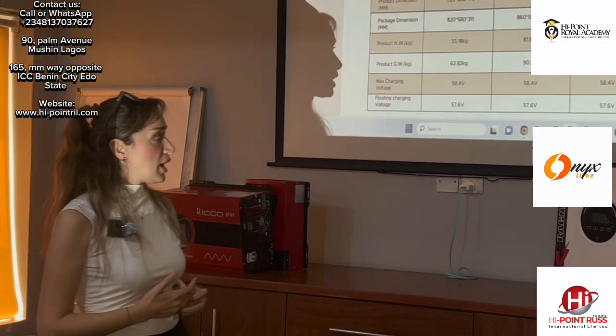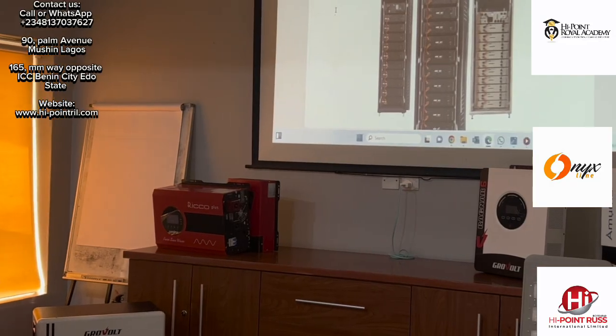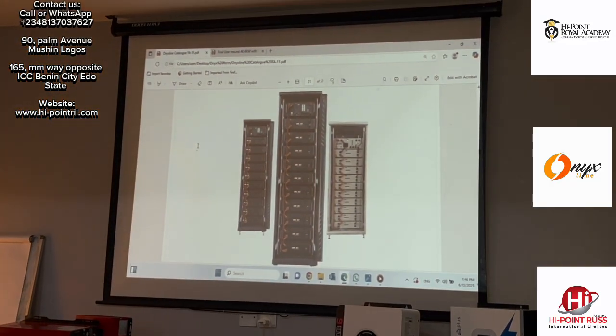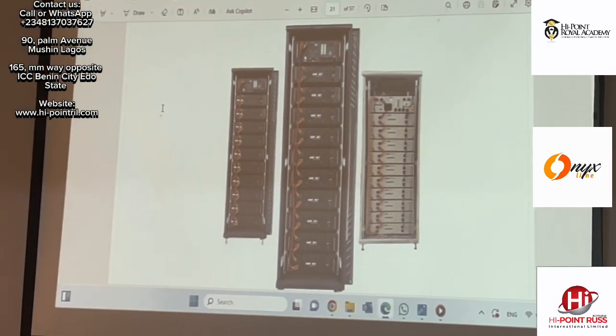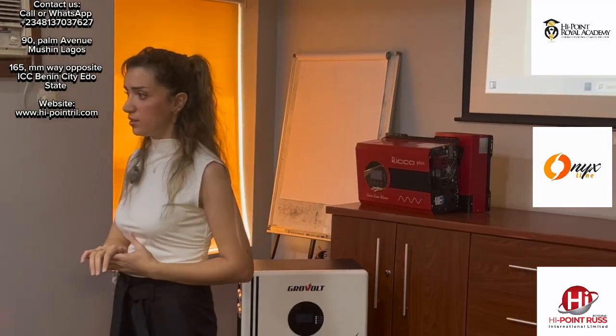Okay, let's go to high voltage battery. What we have, high voltage battery. This battery rack, each rack is 50 kilo. This battery has 10 battery racks inside.